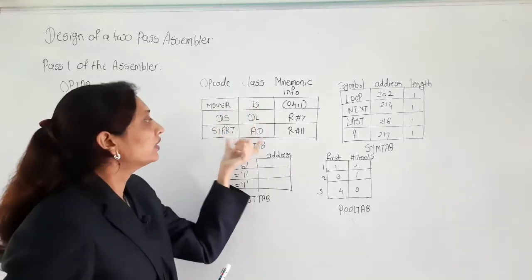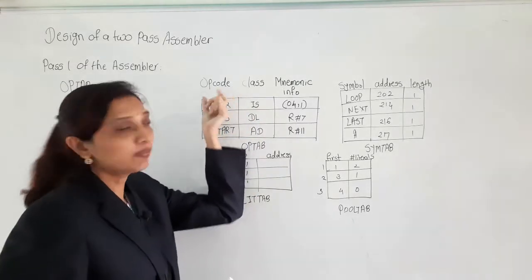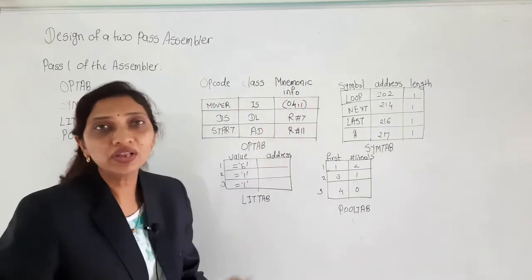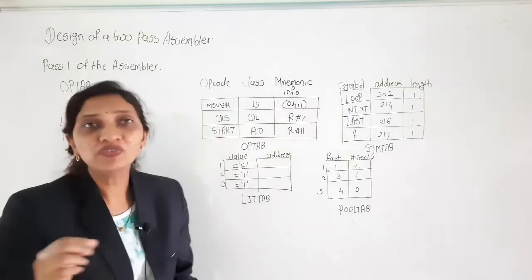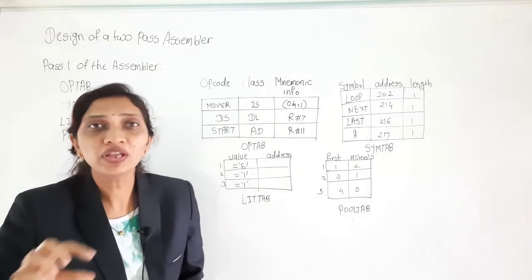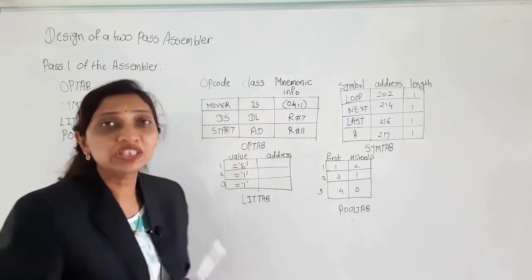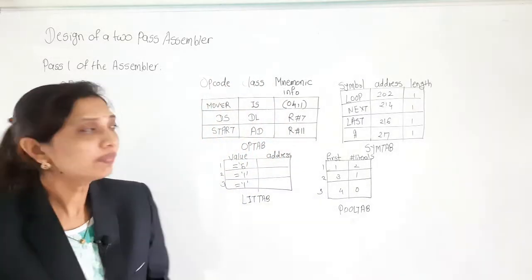So the first field is your mnemonic opcode, the second is the class, and the third is your mnemonic information. If your instruction contains a mnemonic, it is recorded there, along with which class the statement belongs to: imperative, declarative or assembler directive.